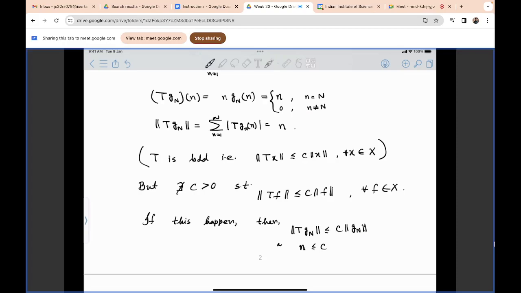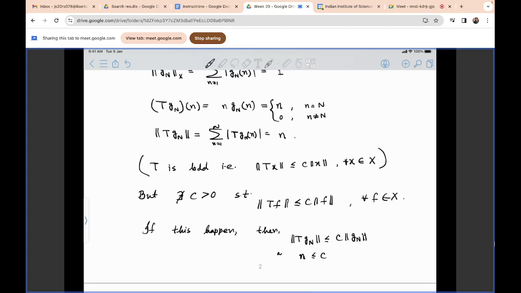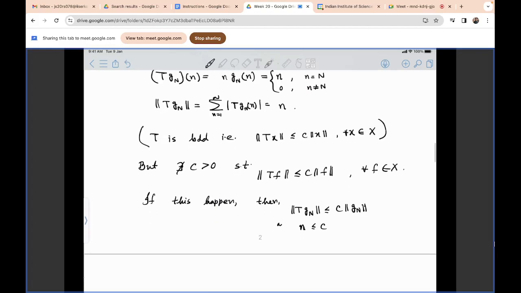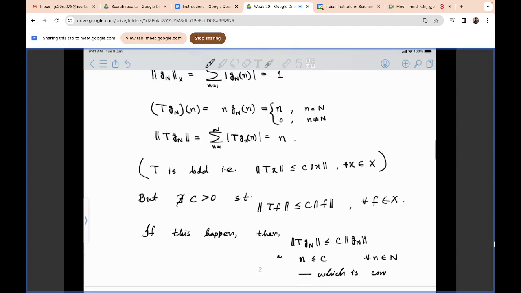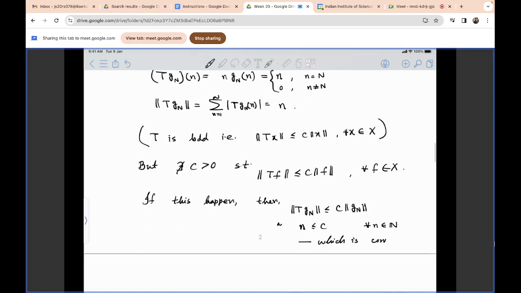So N is less than C, but this cannot hold, because N is a natural number, for all N. Which is a contradiction, because we can choose N to be any natural number, so this is for all natural numbers.